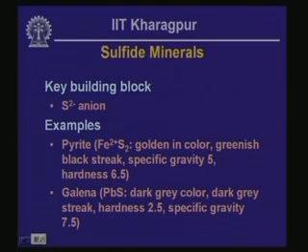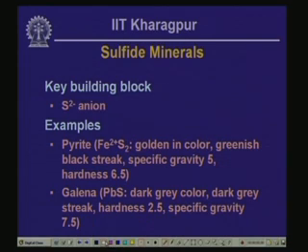If you recall, we looked at the crystal structure of pyrite and galena in the previous lesson, and pyrite in a sense is ferrous sulfide, where we have a bivalent iron, and galena is essentially lead sulfide.